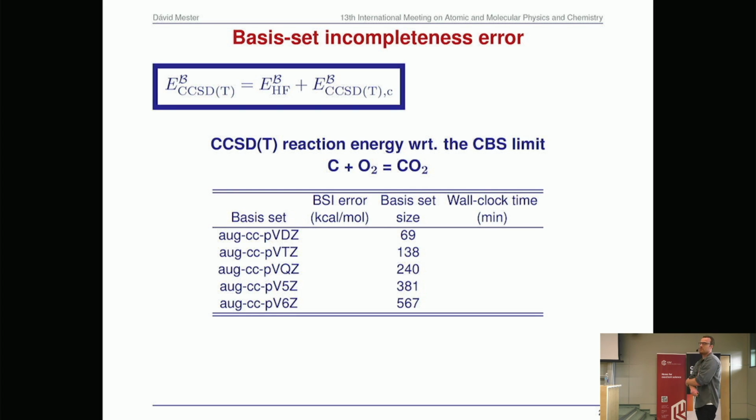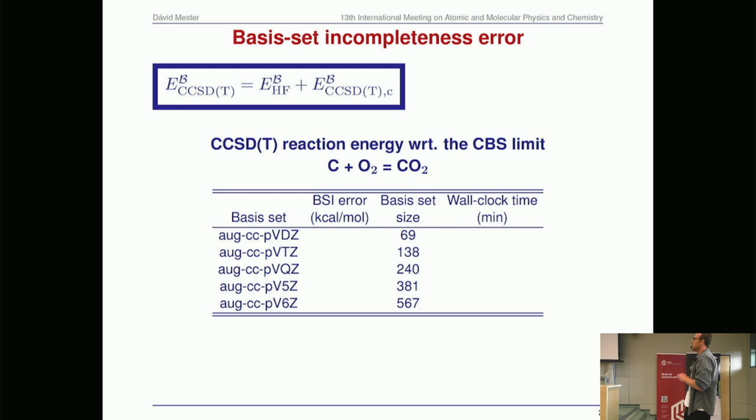Of course, the applied method has an error compared to the exact results, but this is completely out of scope of this talk. Today I will focus only on the error of the basis set, and this can be measured with respect to the complete basis set limit.